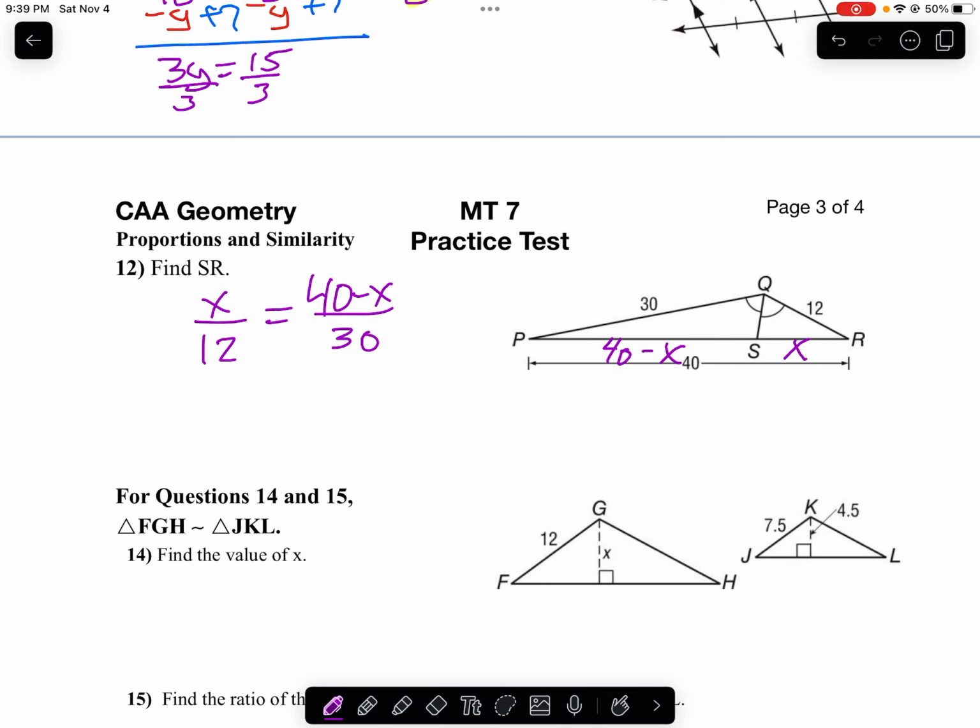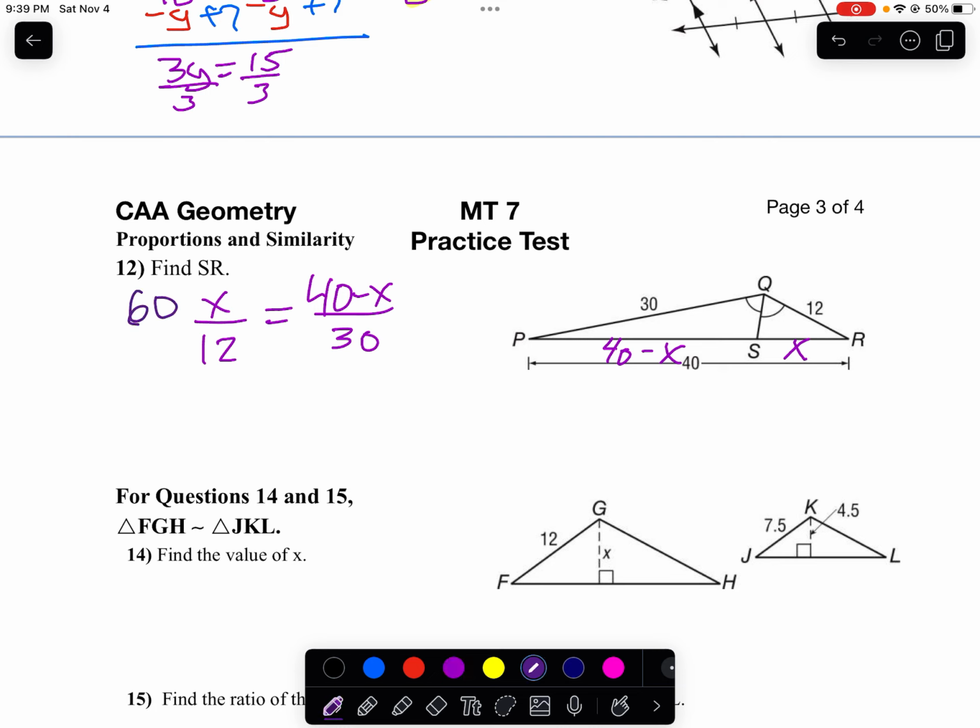So I'm going to multiply both sides of my equation by 60. 12 goes into 60 5 times, so I'll get 5x. 30 goes into 60 2 times, so I'll distribute that 2 to my numerator, so I'll get 80 minus 2x.